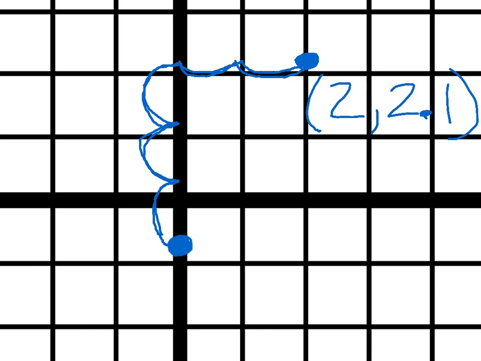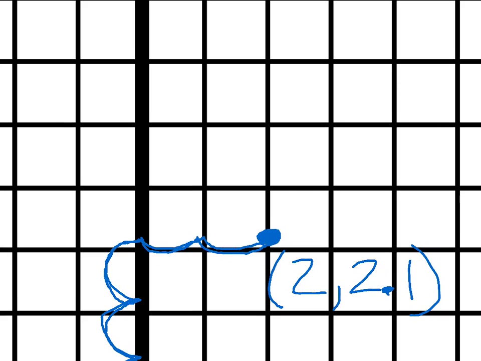Okay? However, we want to go ahead and do our third point. This one's going to be a little bit easier, starting with our rise. 2.1 plus 1 is 3.1, 4.1, 5.1. So we know our y-coordinate is going to be 5.1.